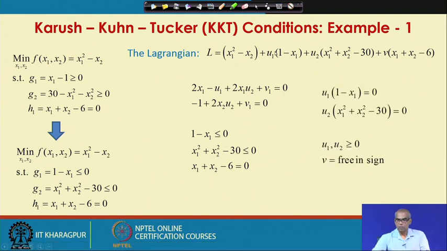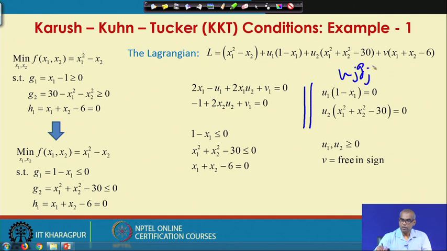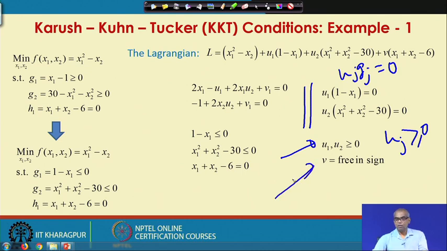Then you have the switching conditions, which say u j g j equal to 0, and then you have u j greater or equal to 0 for inequality constraints, and for Lagrange multipliers associated with the equality constraints, there is no restriction on sign. So, v is free in sign.